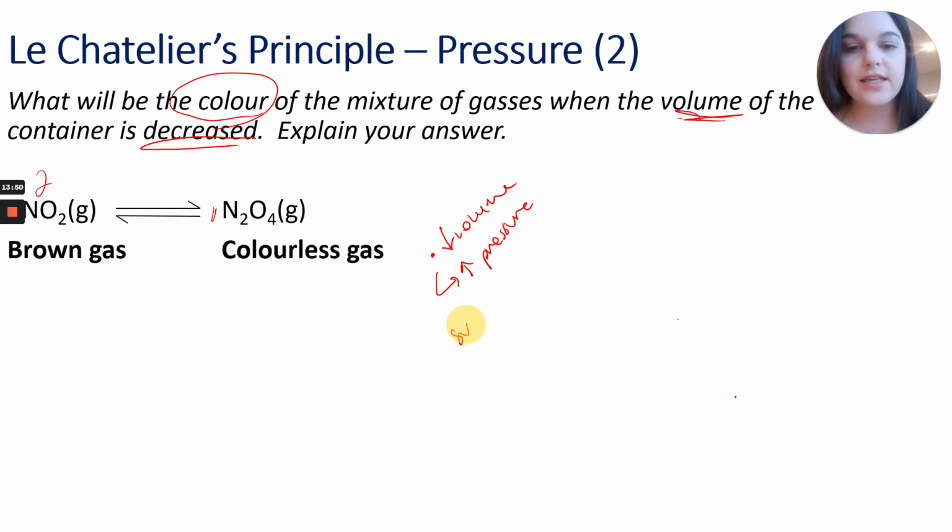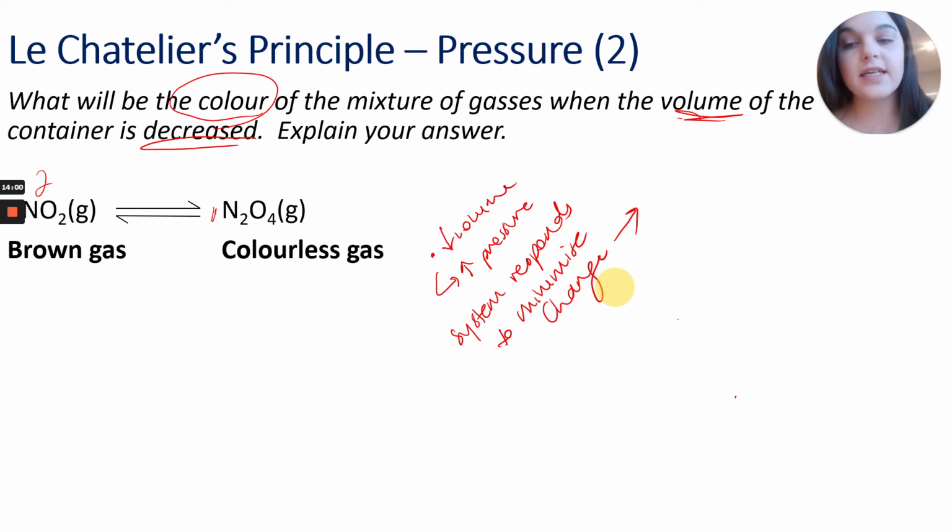Remember our generic statement here, the system responds to minimize the change. Which in this case will be to decrease the pressure, because I've just applied a change, which is an increase in pressure. System's going to respond to decrease that pressure again.